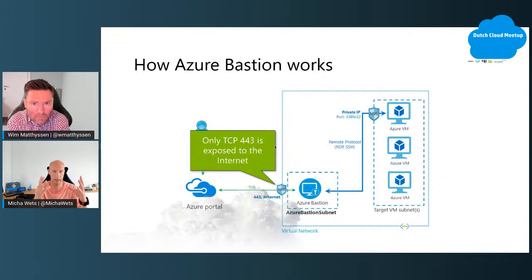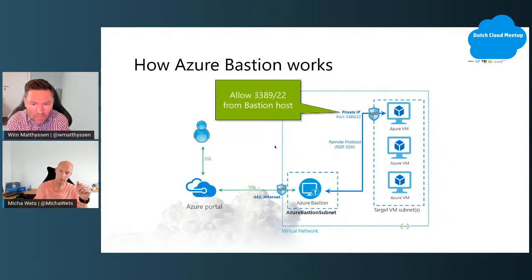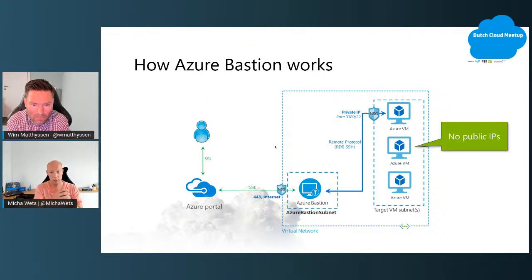That's the only entry point you have within your environment, connected only to your Azure Bastion service. From the Bastion service, you need to open up 3389 or 22 to your backend VMs. So on that NSG, you need to open up those ports because the Bastion service needs to be able to connect, of course. But as you can see, no public IPs need to be assigned to your virtual machines. Only the Bastion service needs that one public IP.